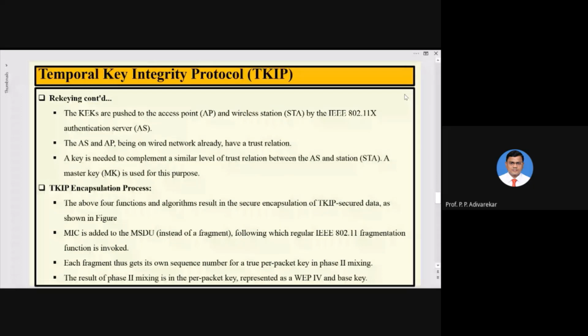The above four functions and algorithms result in the data. Here we will see the big slide. The MIC is added to the MSDU.